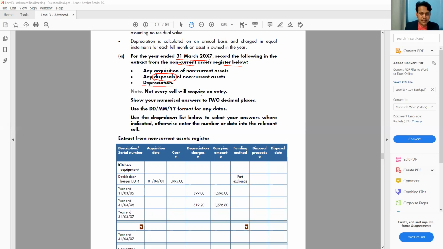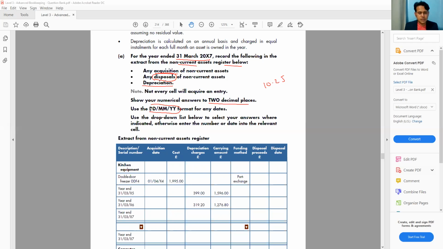Not every sale will accrue an entry. So maybe you don't have to use every single box we have. Show your numerical answer to two decimal places. For example, 10.25. So after the point, you take only two decimals. Use the date, month, and year format for any dates.